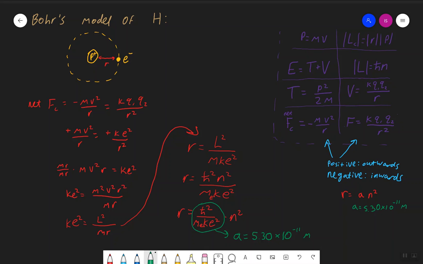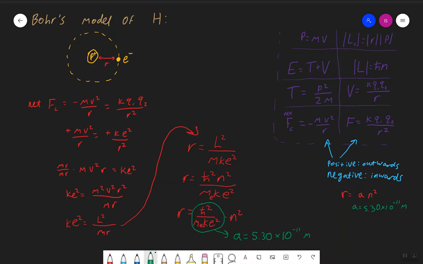So that is the first thing that we found, that the radii are quantized in Bohr's model. Now that we found the radii, let's see if we can go ahead and look at the energies, which will be our next task here.